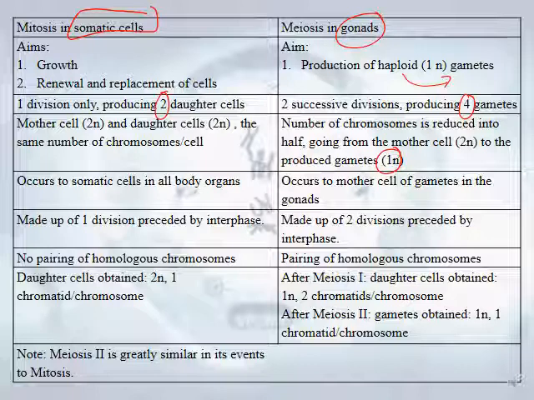Mitosis is made up of 1 division preceded by interphase, while meiosis has 2 divisions preceded by interphase. In mitosis there is no pairing of homologous chromosomes, while in meiosis we have pairing, which forms tetrads. In mitosis, daughter cells are 2n with 1 chromatid per chromosome. After meiosis 1 we have daughter cells that are 1n with 2 chromatids, and after meiosis 2, 1n with 1 chromatid per chromosome.